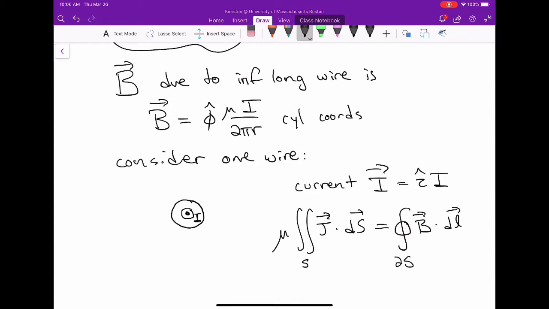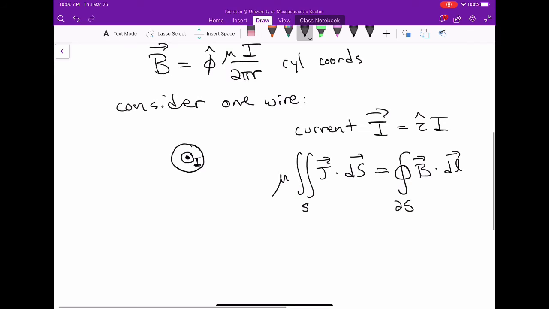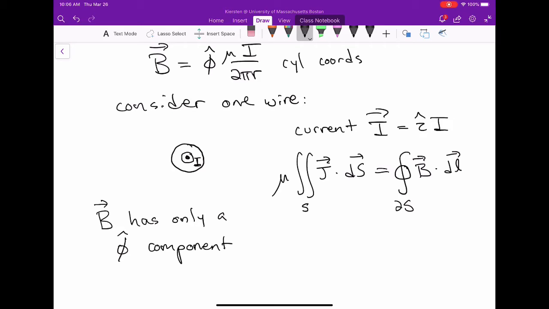So, by symmetry, we have an infinitely long wire, and we're going to have only a phi component for this magnetic flux density. So B has only a phi component. You can figure this out by trying to get it to have an r component or a z component, and then finding that it would be canceled out by an oppositely located segment of current elsewhere on the wire.